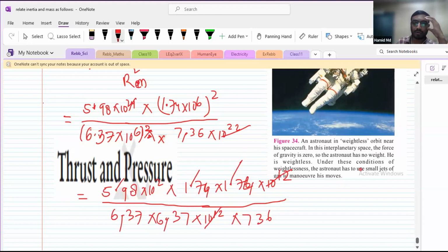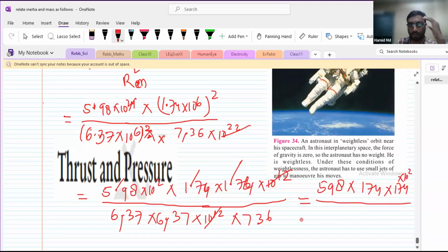So now I am writing what we are left with: 598 into 174 into 174 into 10 raised to the power 2, divided by 637 into 637 into 736, right?